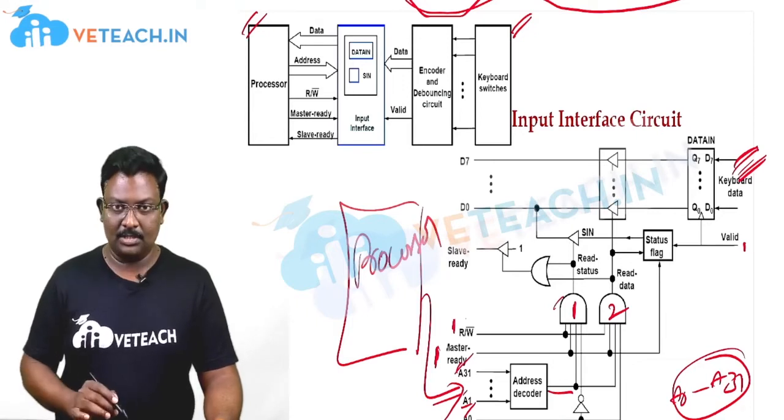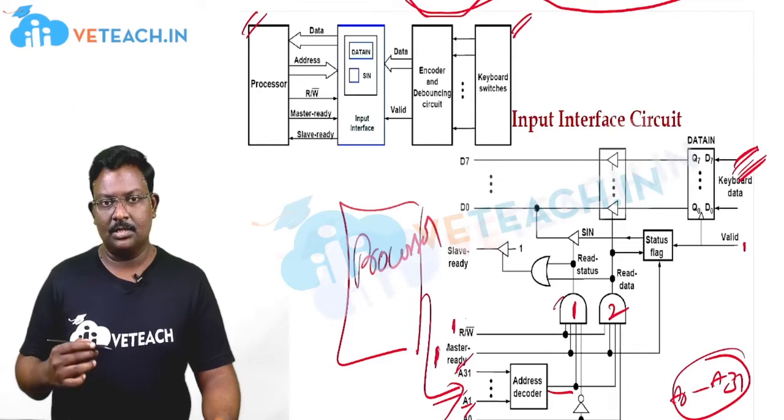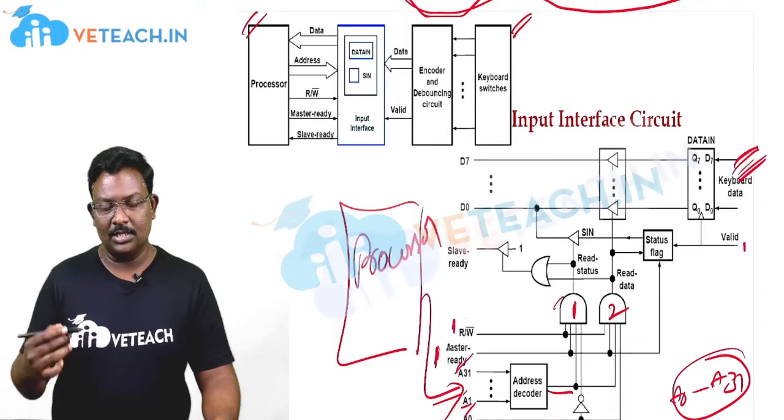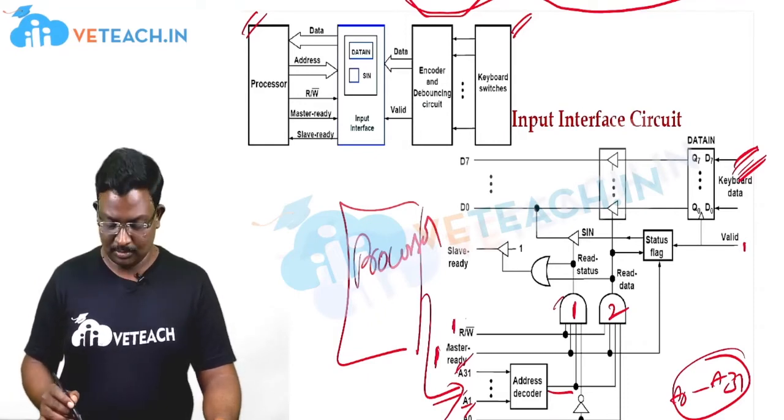We all know the AND gate truth table: only when all the inputs of the AND gate are equal to 1 will the output be 1. So if we have the read status, the output of AND gate 1 is 1, and the output of AND gate 2 is also 1 here.